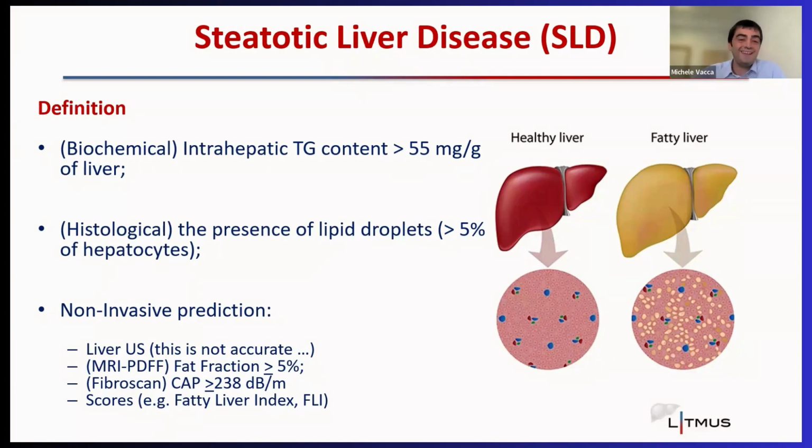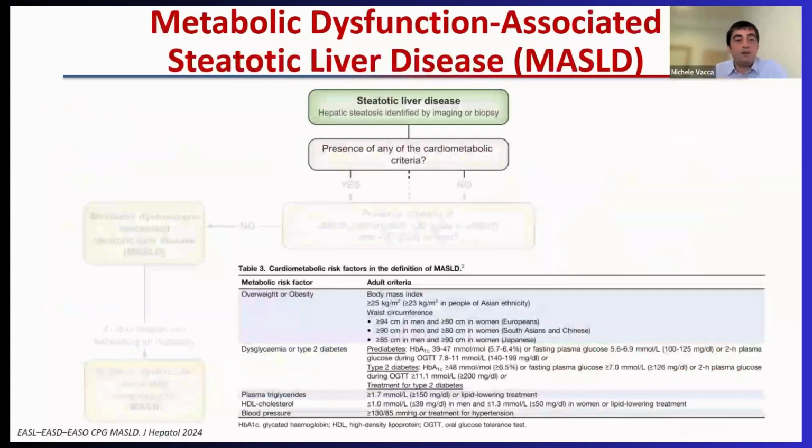Saying steatotic liver disease does not necessarily mean speaking about MASLD. And over the last couple of years, we have seen many different changes in the name, from non-alcoholic steatohepatitis to metabolic dysfunction-associated fatty liver disease, and then finally, hopefully, the last one, which is metabolic dysfunction-associated steatotic liver disease, MASLD.